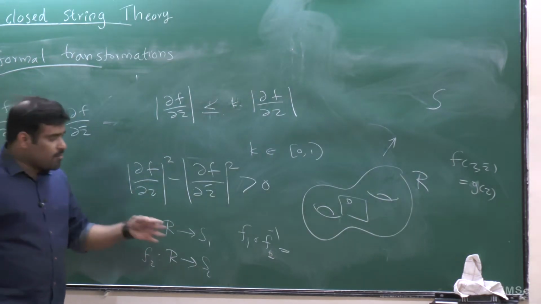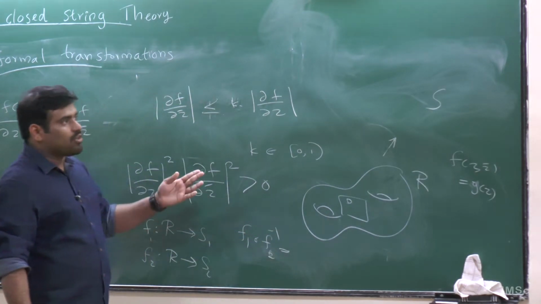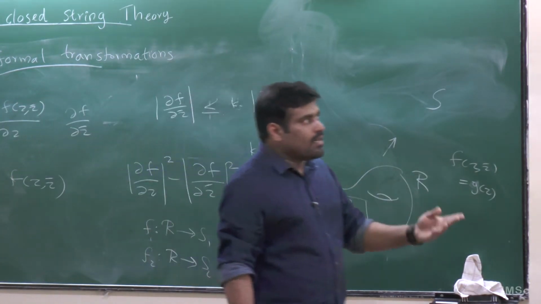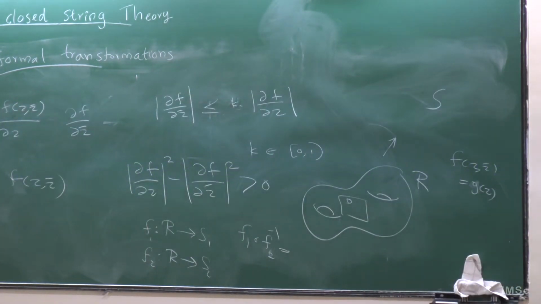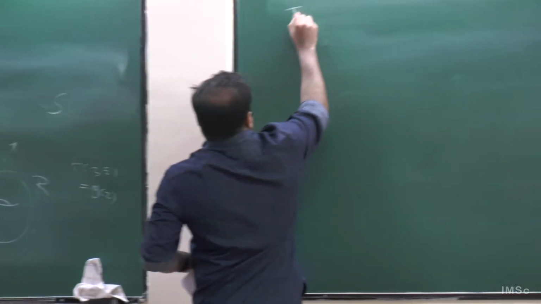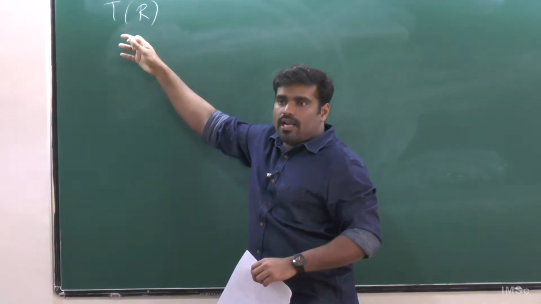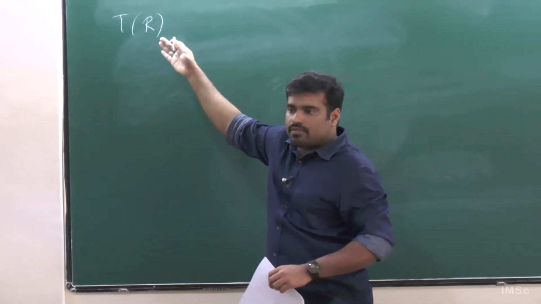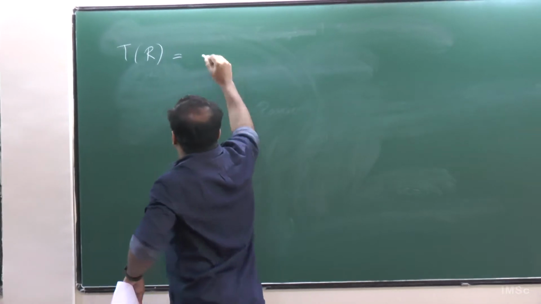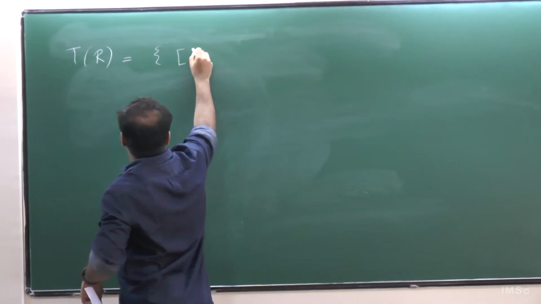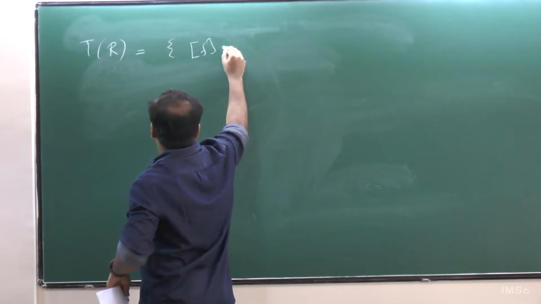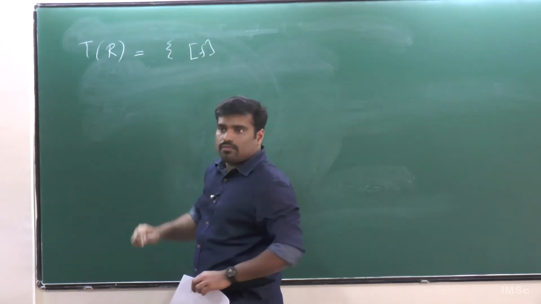So the Teichmuller space of a Riemann surface can be thought of as all inequivalent possible quasi-conformal transformations, which we denote by R. So you choose a base Riemann surface R and perform transformations on this surface. So the Teichmuller space is the space of all inequivalent quasi-conformal transformations that you can perform on R.